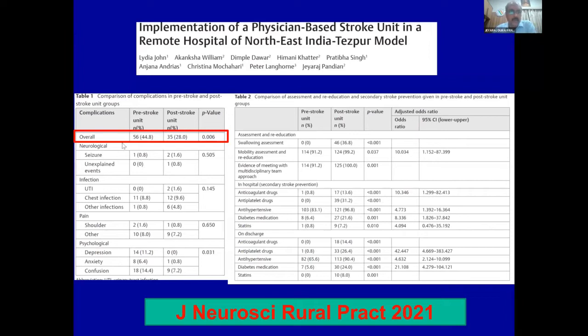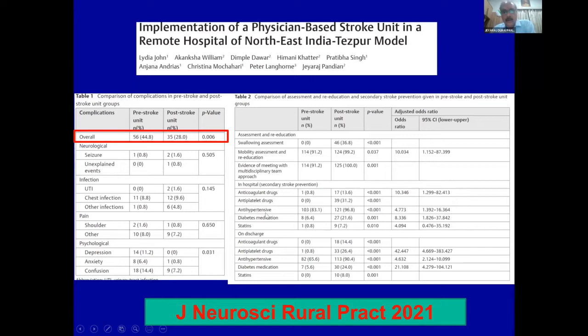There was a reduction in complications as compared to pre-stroke unit implementation. And if you look at the quality measures, swallowing assessment improved in post-stroke unit care, as did mobility and evidence of multidisciplinary team meetings.